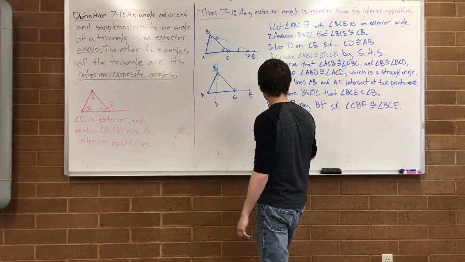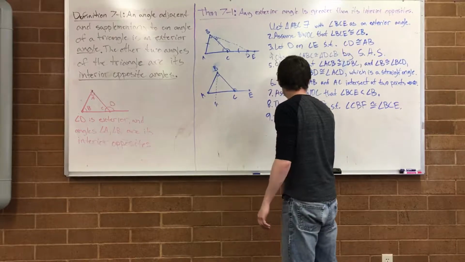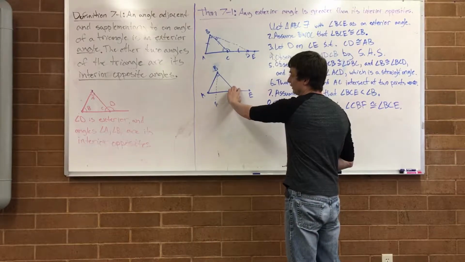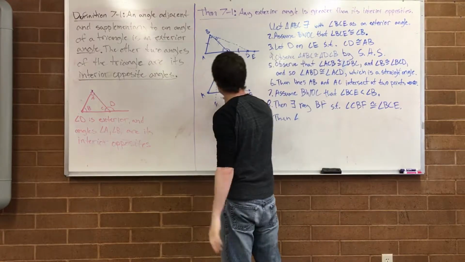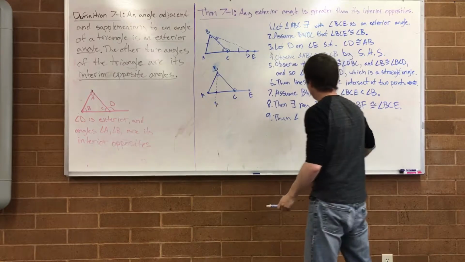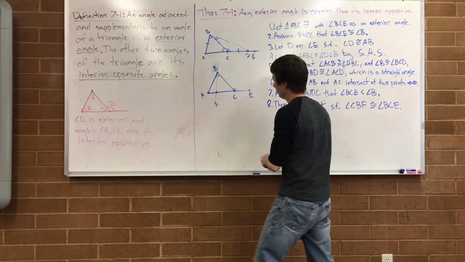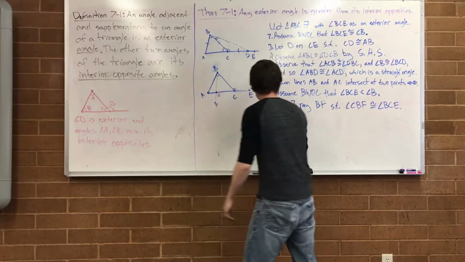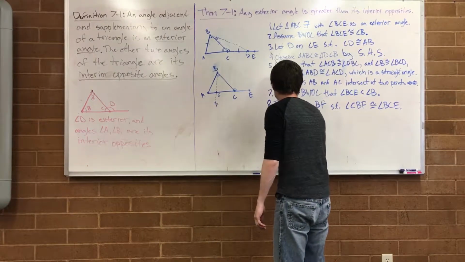9. Then now this is an exterior angle to this triangle. Oh, maybe I need to label that point real quick. What should we call that point? G. 9.